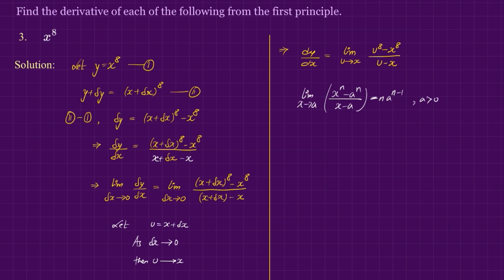Now if I compare this portion with this formula, then I will have dy over dx equals 8x to the power 8 minus 1, and this implies dy by dx equals 8x to the power 7. So this is our answer for this question.